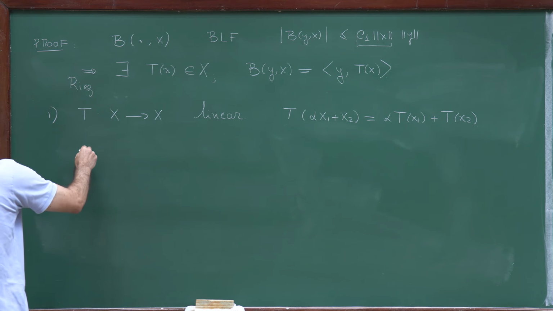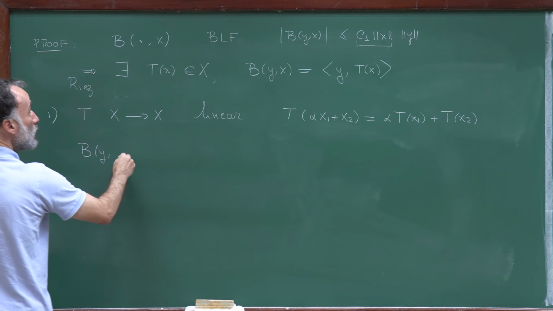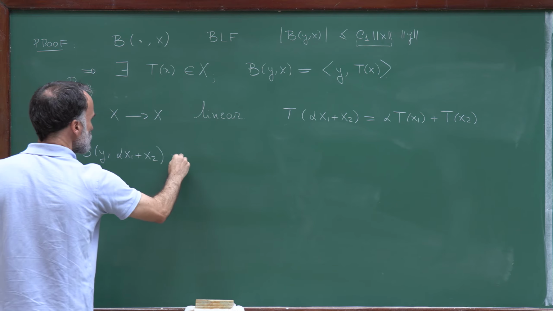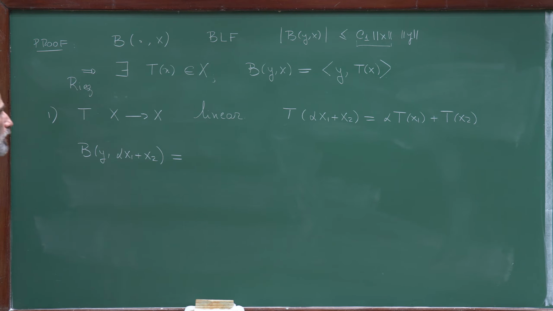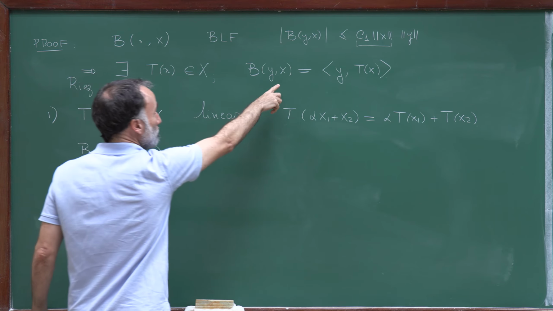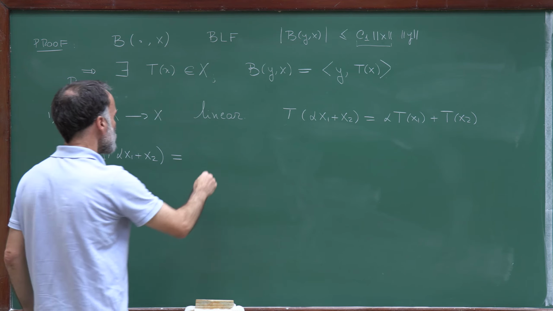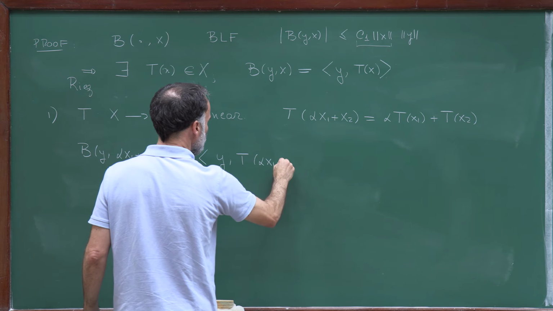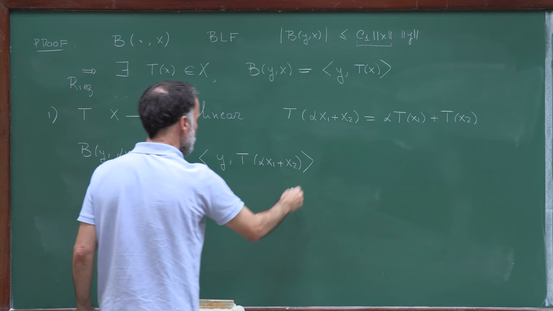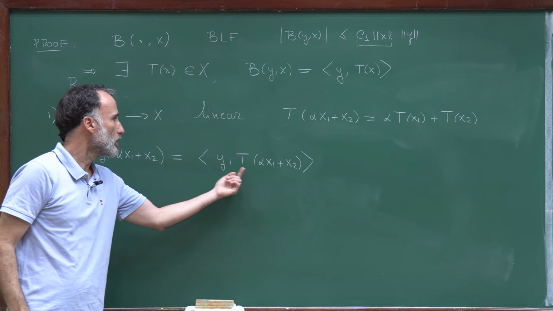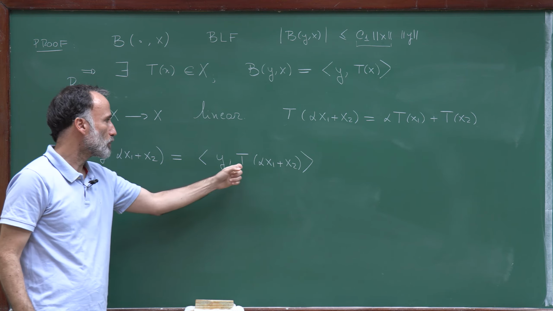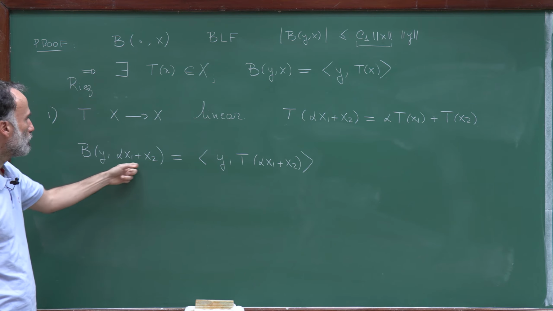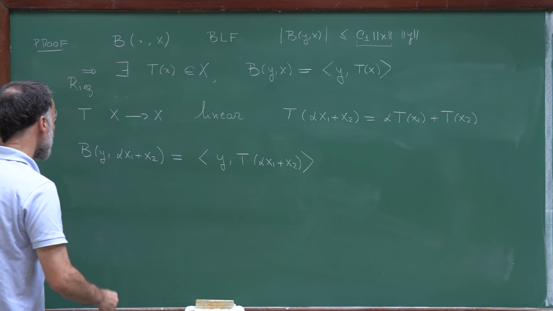So by definition, we have that B of y, alpha x1 plus x2, is equal to, by definition of T, the scalar product of y with T of alpha x1 plus x2. Right? So we know that there exists an element in X, which I'm calling T of alpha x1 plus x2, such that this bounded linear functional is represented by this scalar product.